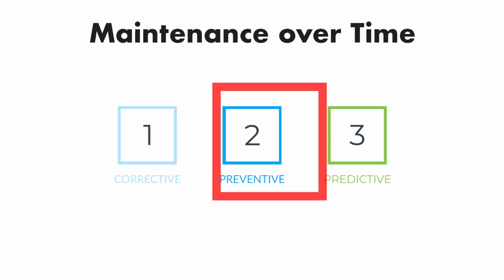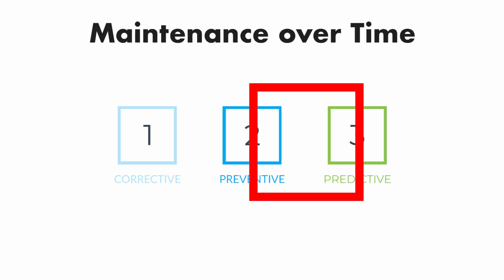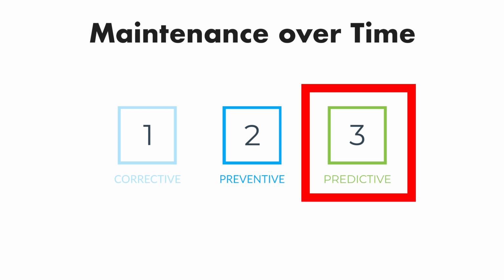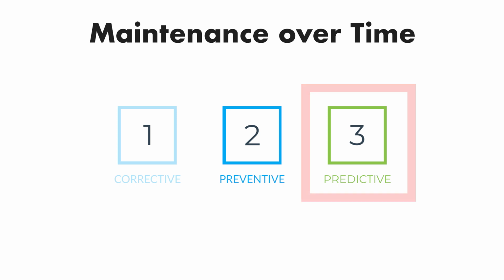And then someone thought, what if we did maintenance only when it's needed, only when it's really needed? And then we invented the field of predictive maintenance, that is perhaps the most advanced in terms of technology, and the one that aims at the lower costs. That was the idea of predictive maintenance, and this was essentially the evolution of the maintenance strategies over time.